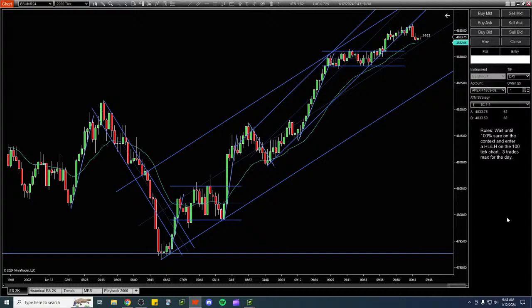Not interested in entry here, even though I'm looking for a break and new high. Want to wait for the full correction to play out.